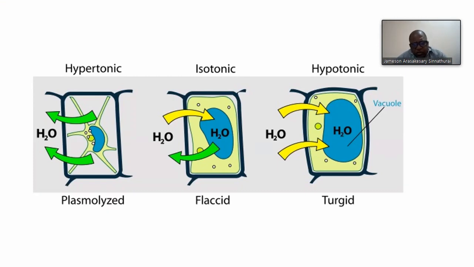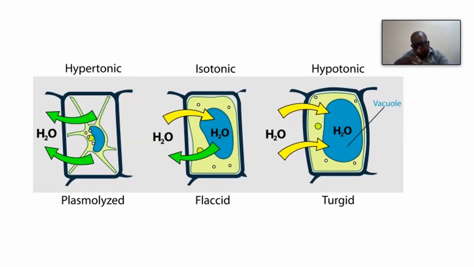Hypertonic, isotonic, hypotonic. If a plant cell is in a hypertonic solution, plasmolysis takes place. If it is an isotonic solution, there is no change in the concentration; water comes and goes continuously. That is called a flaccid cell.